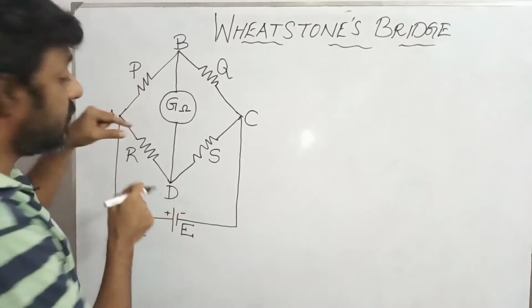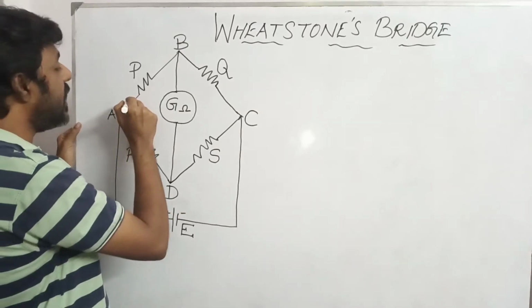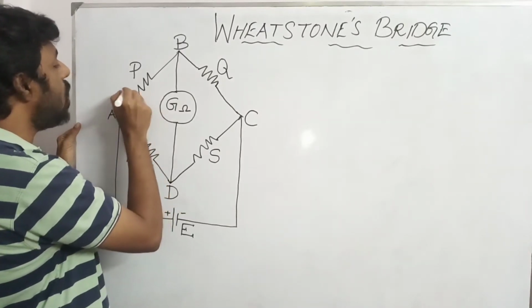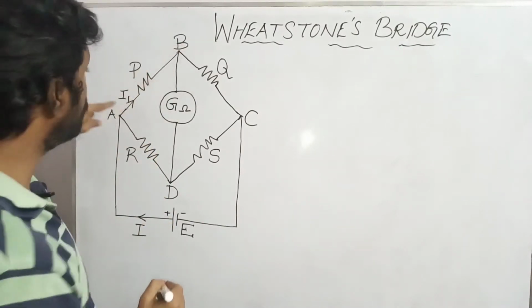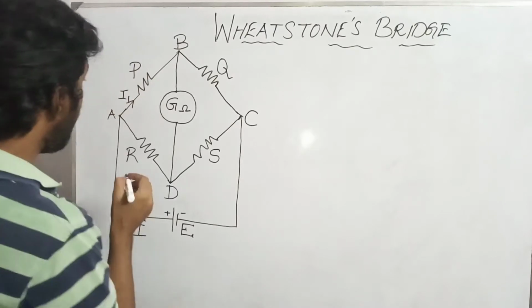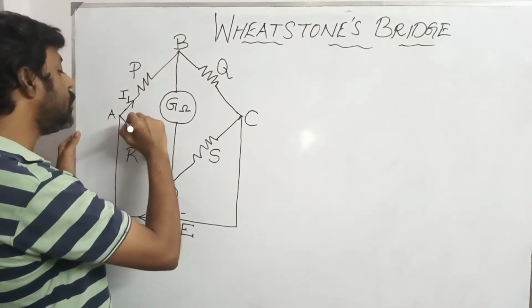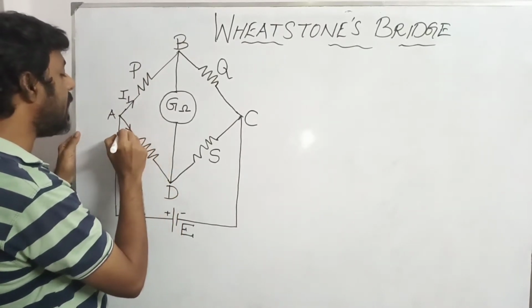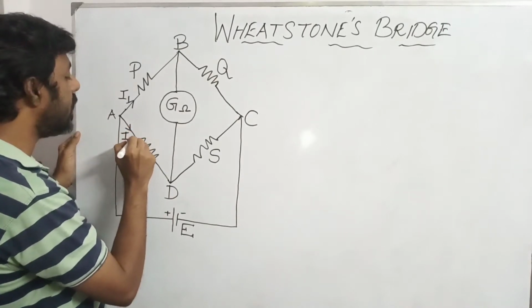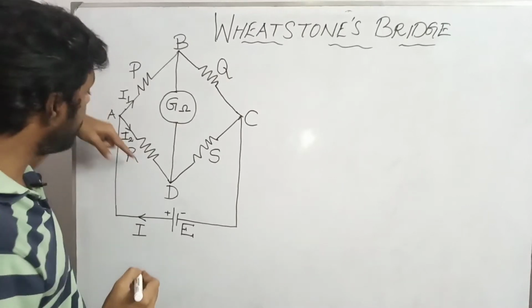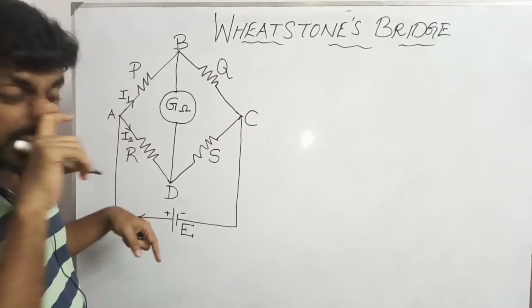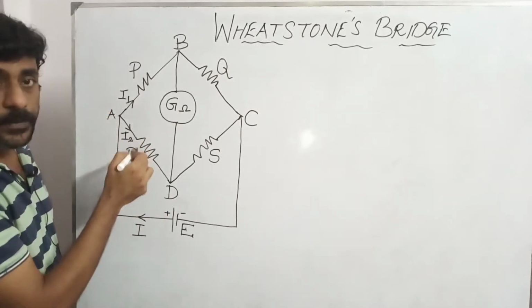The current I will be divided as current I1, flowing along the branch AB through the resistor P, and another current I2 flowing through the branch AD through the resistor R, right?